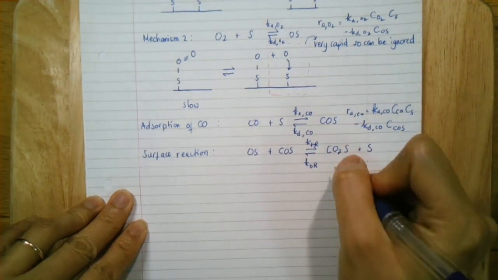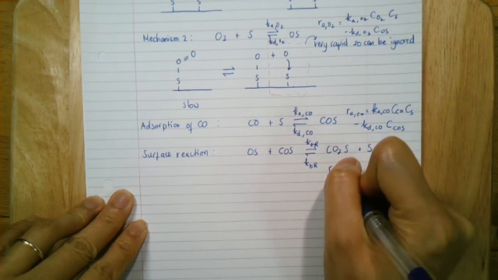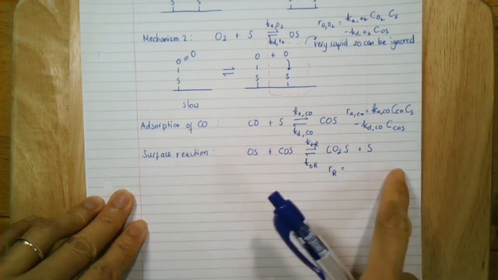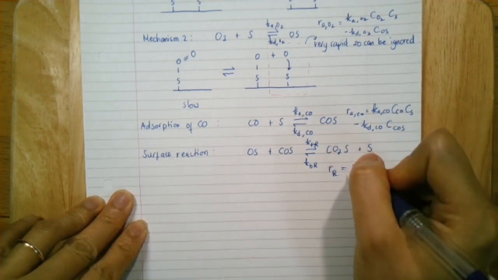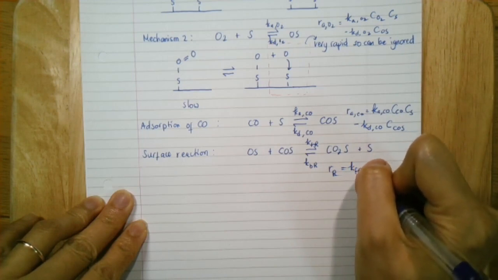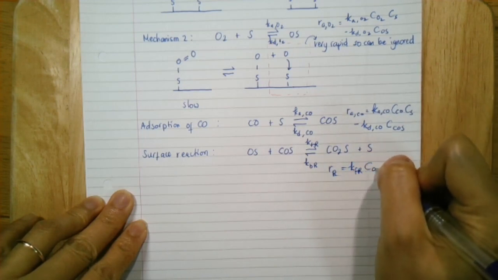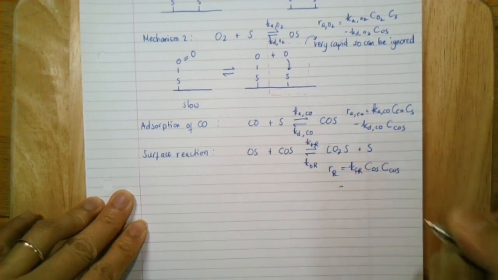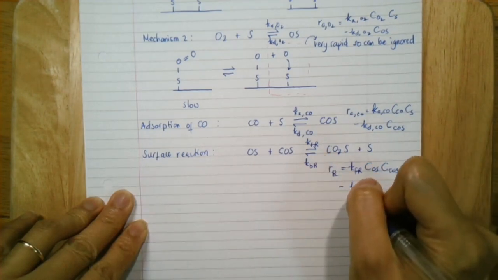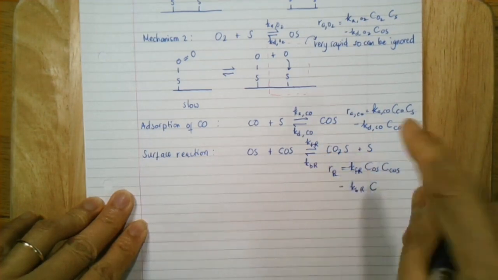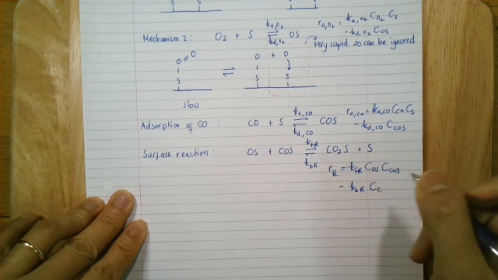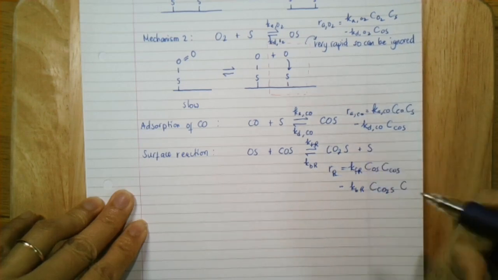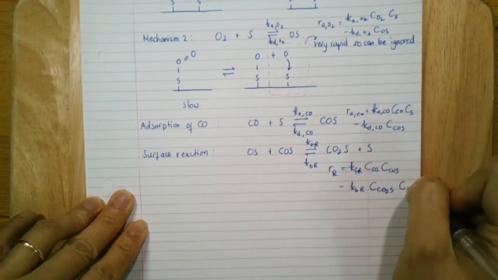We can therefore write the net rate of the surface reaction, RR, as the rate of the forward reaction, KFR times CCOS, minus the rate of the reverse step, KBR times the concentration of CO2S times, don't forget this, the concentration of the vacant site.